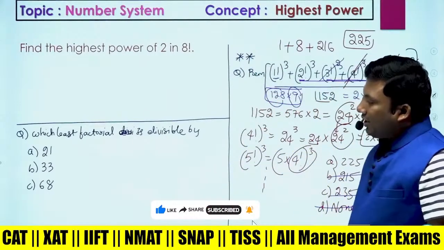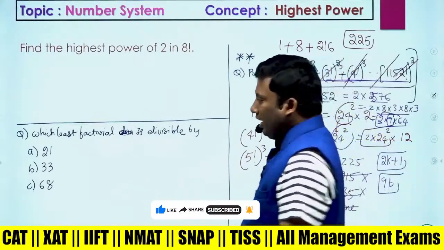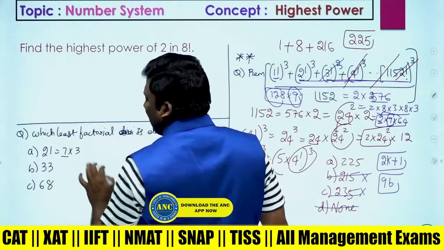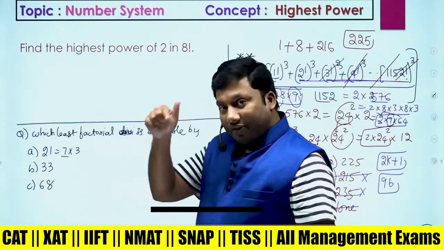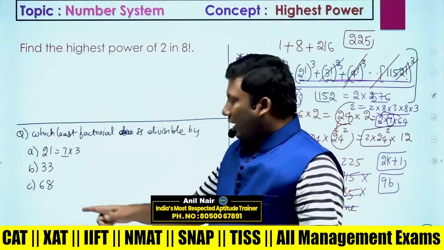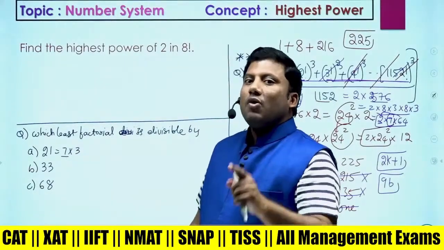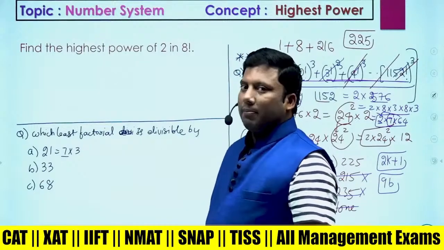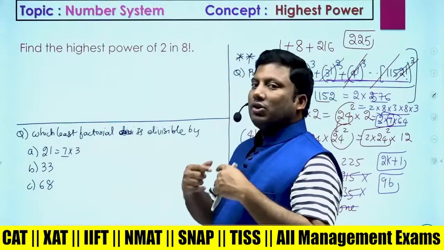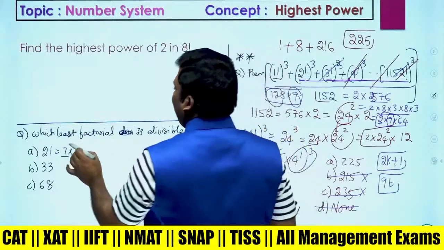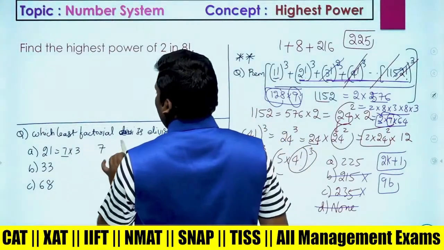Which least factorial is divisible by 21? 21 is 7 into 3. That means in the factorial, I should get 7. What is the smallest natural number whose factorial has 7, or what is the minimum power of 7? 7 power 1 I should get.